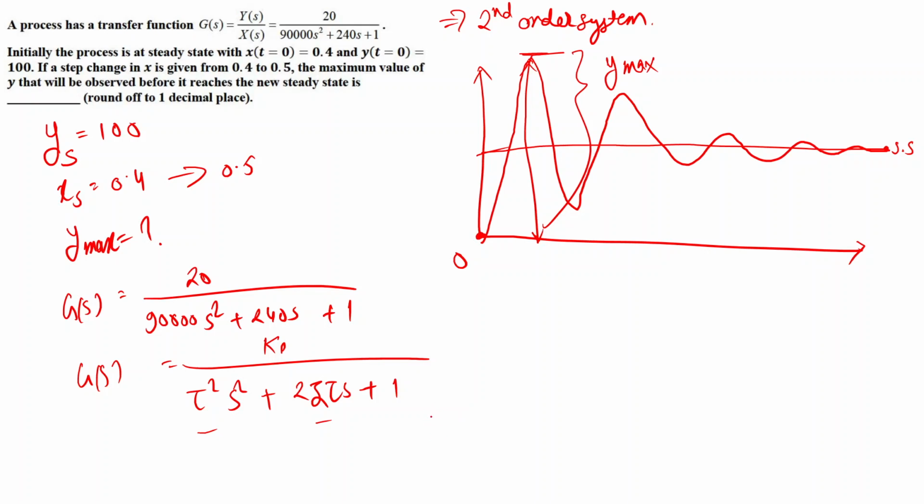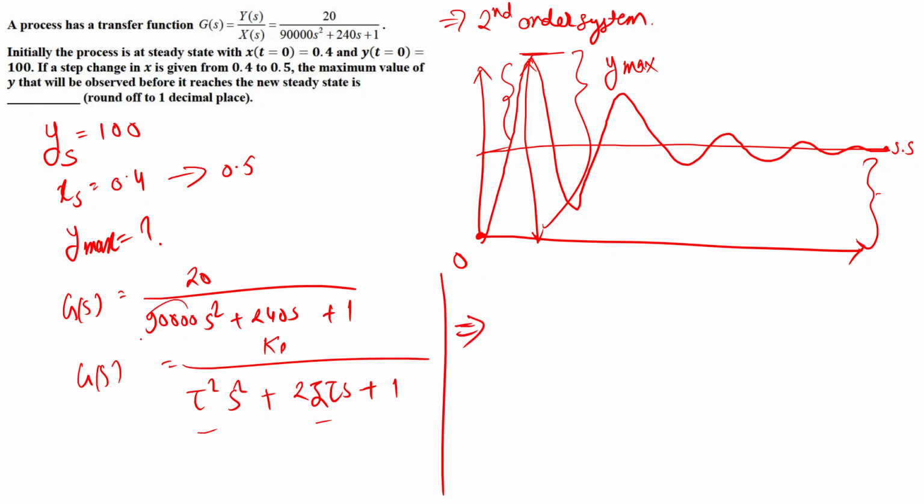Once we have that, we can calculate this value, and from the formula of the overshoot or decay ratio, later on we can calculate this value also, and then we can just add both of these terms to find the maximum value. So let's do that.